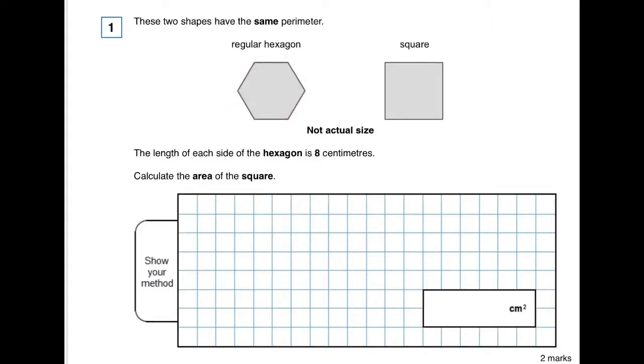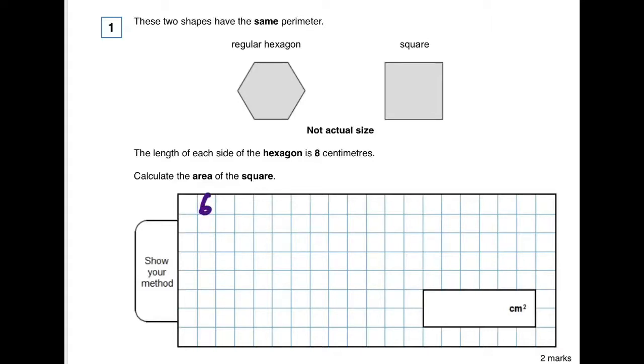Okay? And it also does say not actual size. But even if it doesn't say that, you should never assume that the diagram is to scale. Okay? Then you've also got the square. So the length of each side of the hexagon is 8 centimetres. Now, you might think, right, I already know that hexagons have 6 sides.